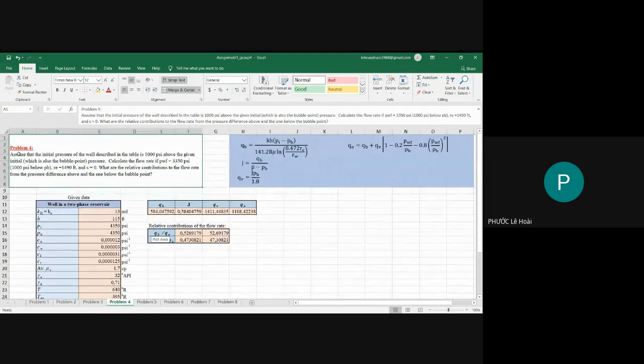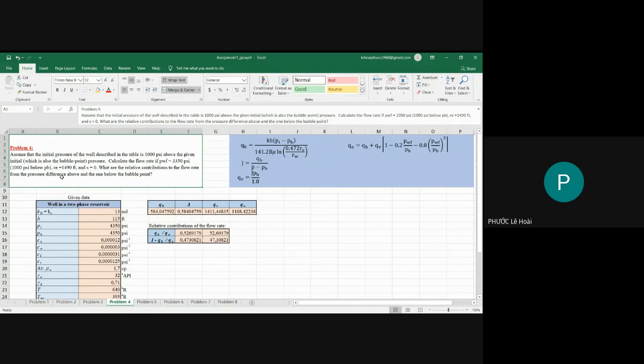For problem 4, the requirement is to calculate the relative contribution to the flow rate from the pressure differences above and below the purple point, which means we will calculate in two cases.